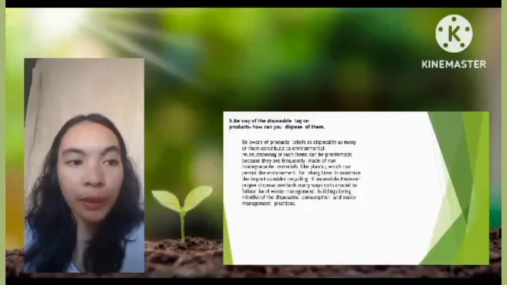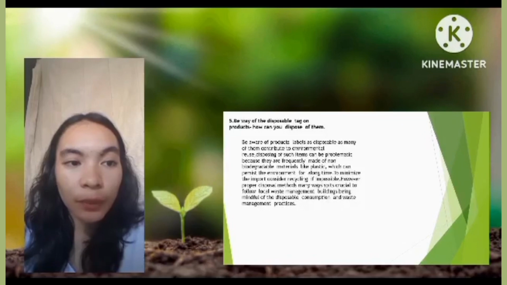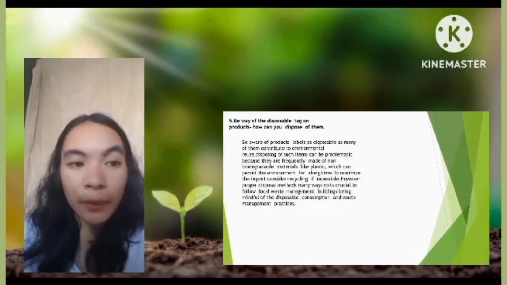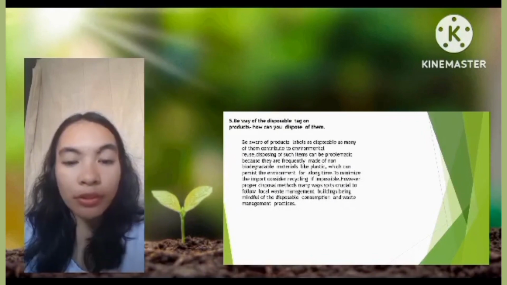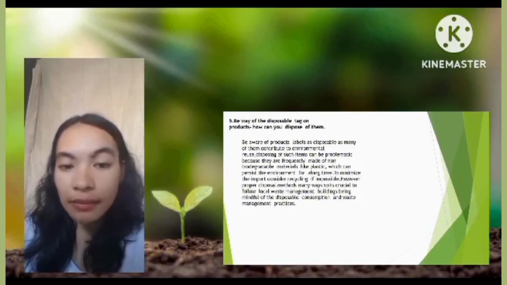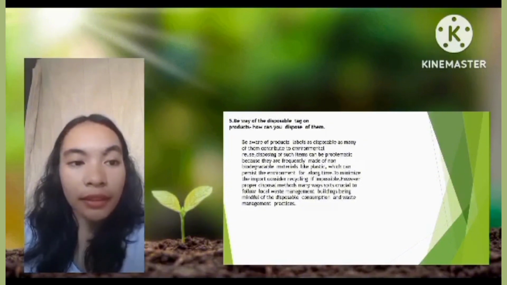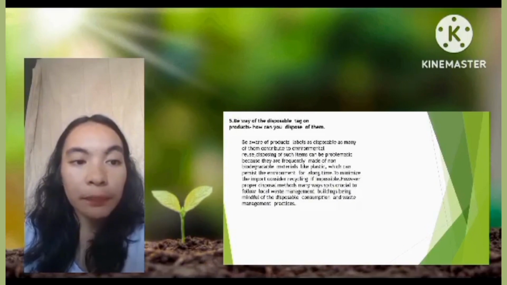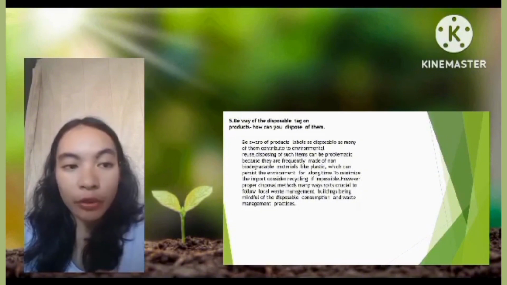Number 5, beware of the disposable tag on products. How can you dispose of them? Be aware of products labeled as disposable, as many of them contribute to environmental harm. Disposing of such items can be problematic because they are frequently made of non-biodegradable materials like plastic, which can pollute the environment for a long time.